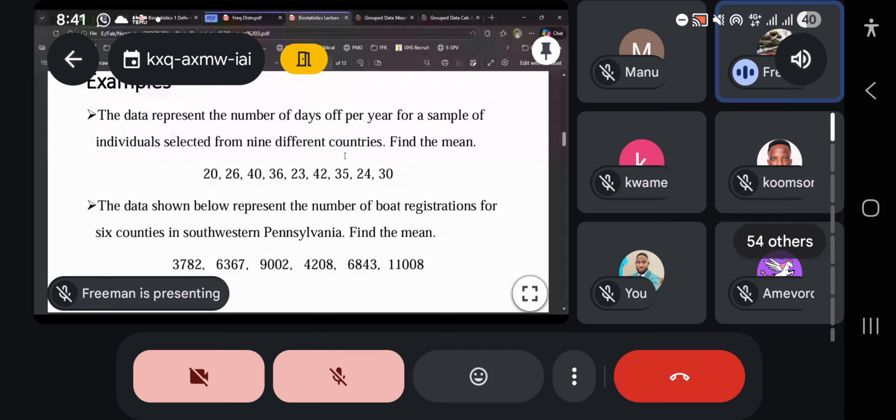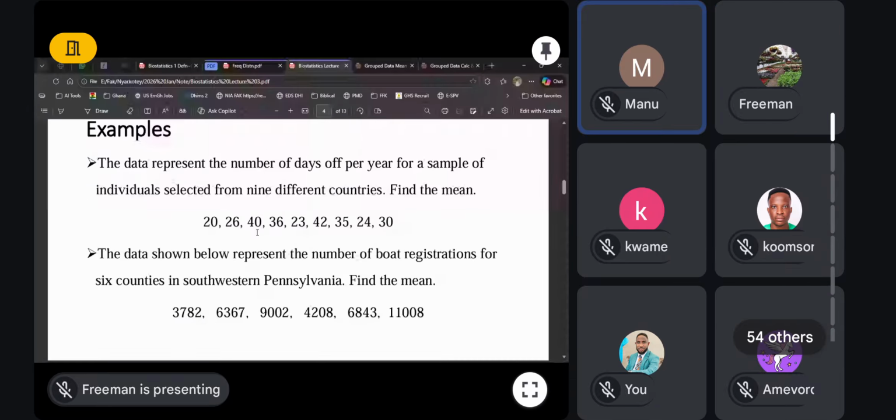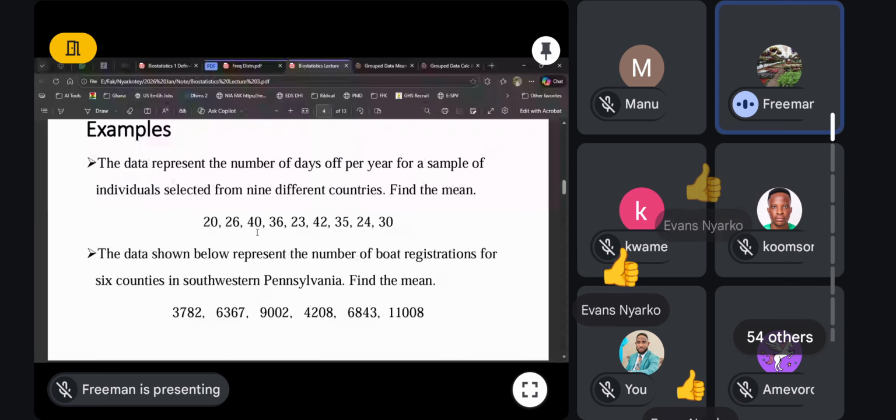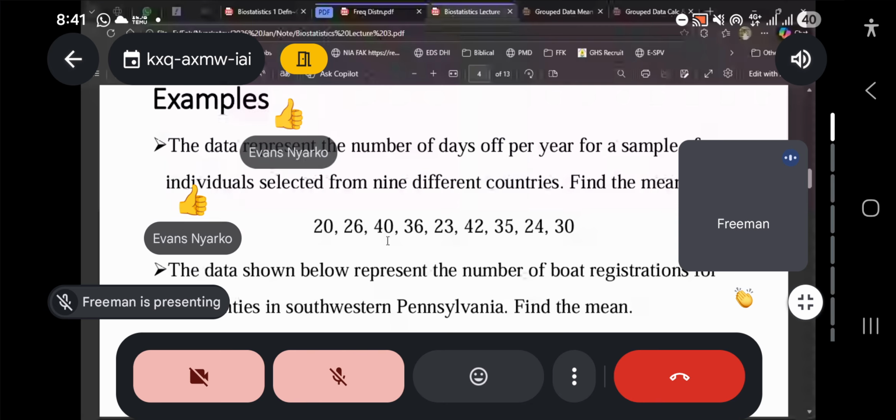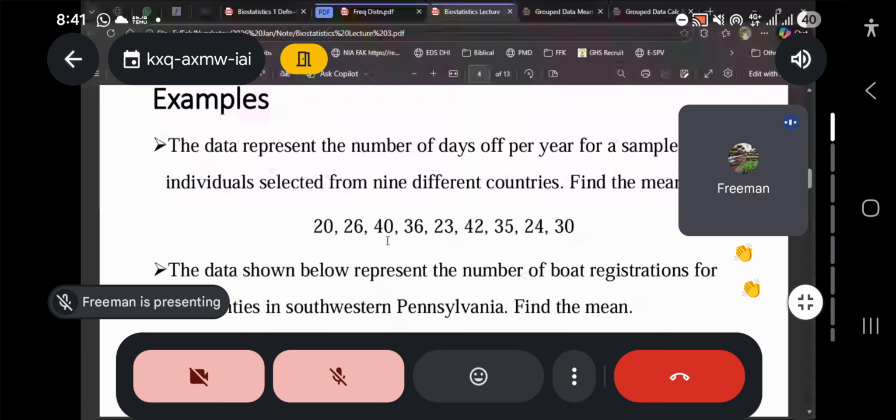How many numbers are there? 9. Good. You add all of them and divide by 9, and you have your mean. This is nothing you should worry so much about. I'm sure you have already started remembering those days.